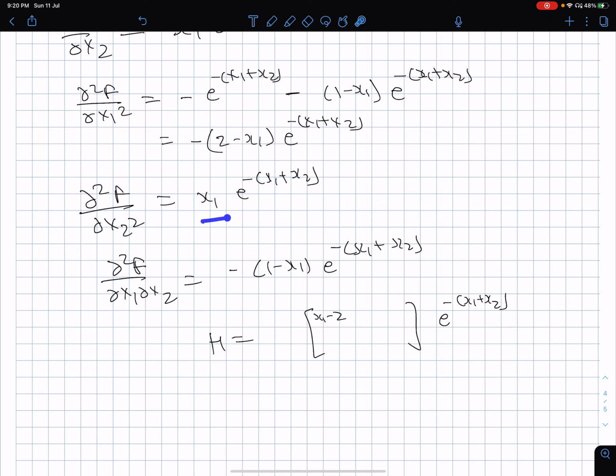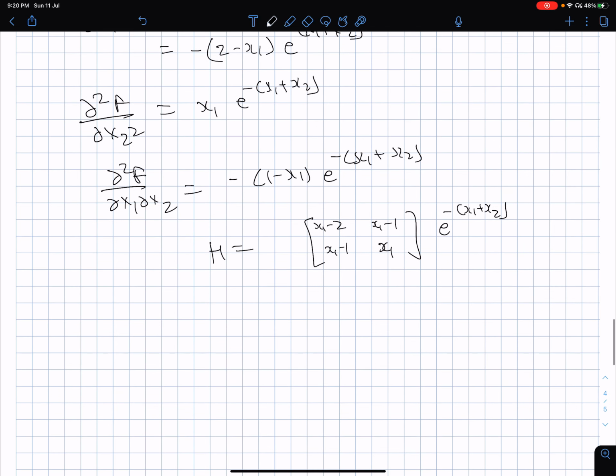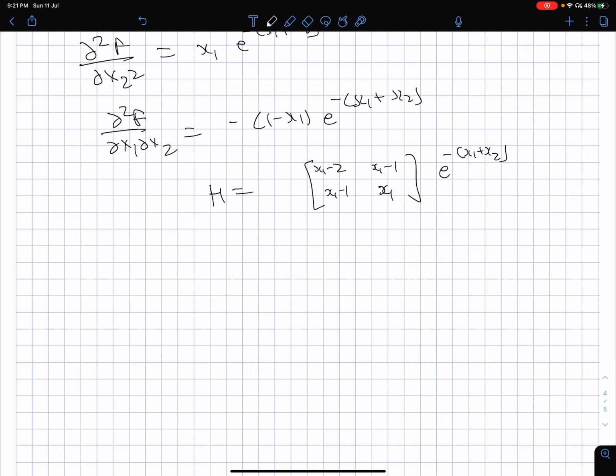This is going to be just x1, and then with respect to this it is going to be 1 minus x1 or x1 minus 1, whatever way you want to write it, x1 minus 1. So this is going to be my H matrix.